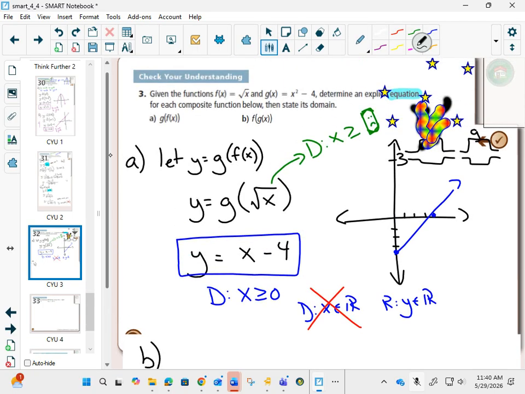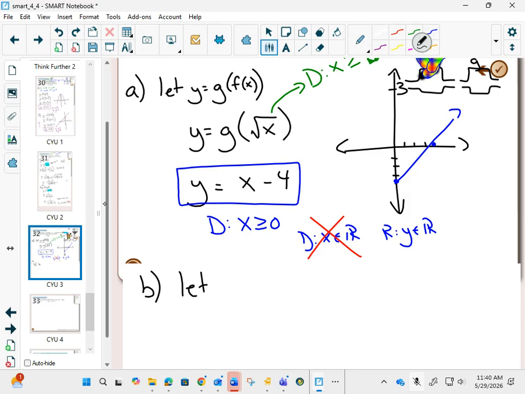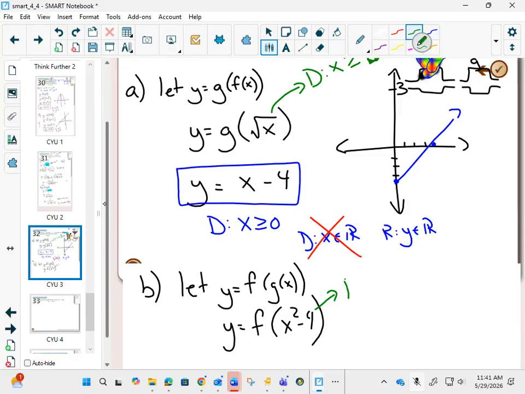And then part B, f of g of x, so I'm going to let y equal f of g of x. Y is equal to f of, now in this case, x squared minus 4, no problems here, right? Domain is everything. At this stage, our domain is still everything.